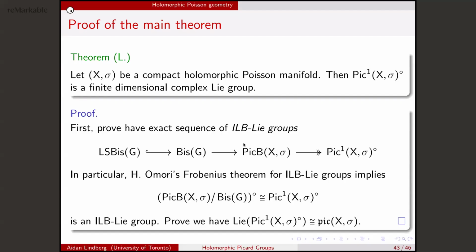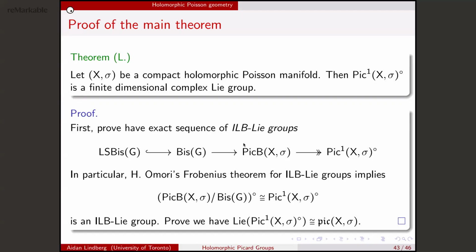So you need some sort of way to take quotients of infinite dimensional Lie groups. And it just happens due to certain niceness things, like having elliptic operators floating around, that you can use this result of Hideki Omori, which he calls the Frobenius theorem, to prove that this quotient of infinite dimensional Lie groups is again a Lie group. And you can identify this Lie group's Lie algebra with this Pic, which we saw before.